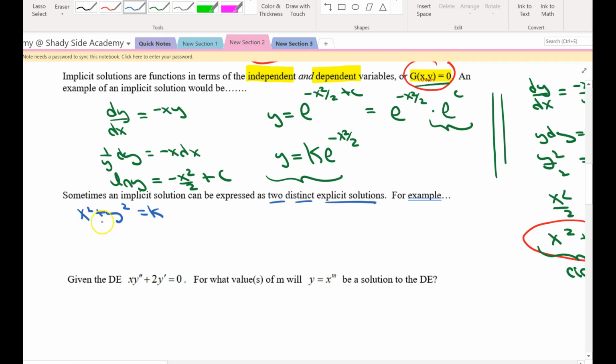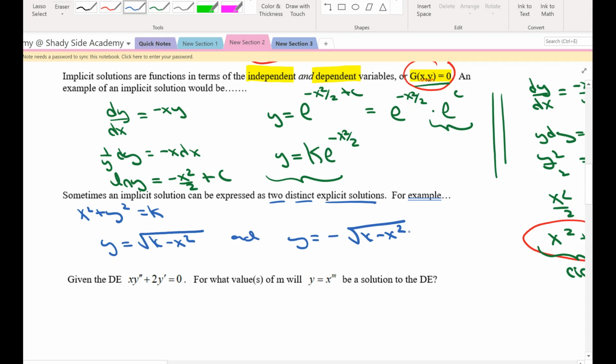What that means is I could take this implicit solution and solve for y. And when I do so, I get this. So here are my 2 explicit solutions.